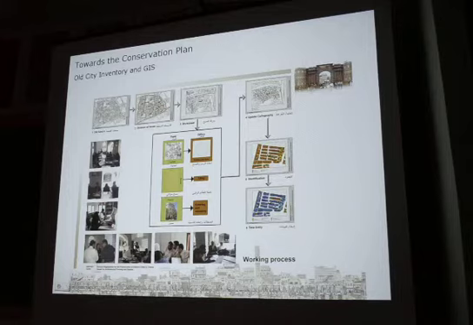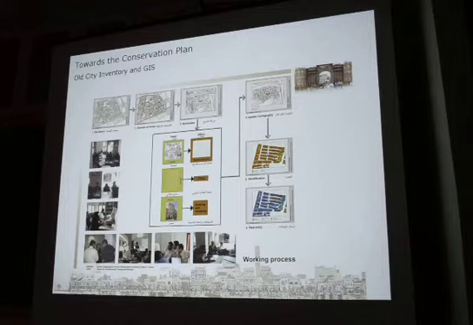Now I show you the process and the outcomes, and then we can discuss the survey sheet, which shows the way the survey was structured, the kind of data that we were looking for, and how we were looking for this data.